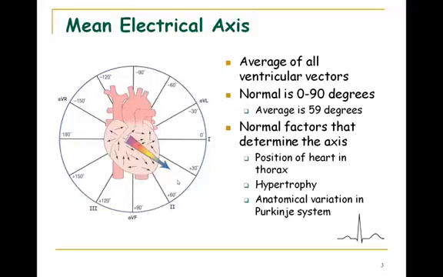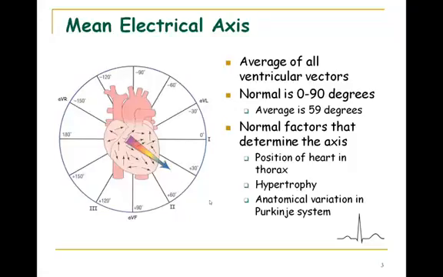So which of the standard limb leads, 1, 2, or 3, is going to give you the biggest deflection? Give you a little second. It's going to be 2. That's why we always show you what standard limb lead 2 looks like. It's always the prettiest, because it always gives you the nicest picture.